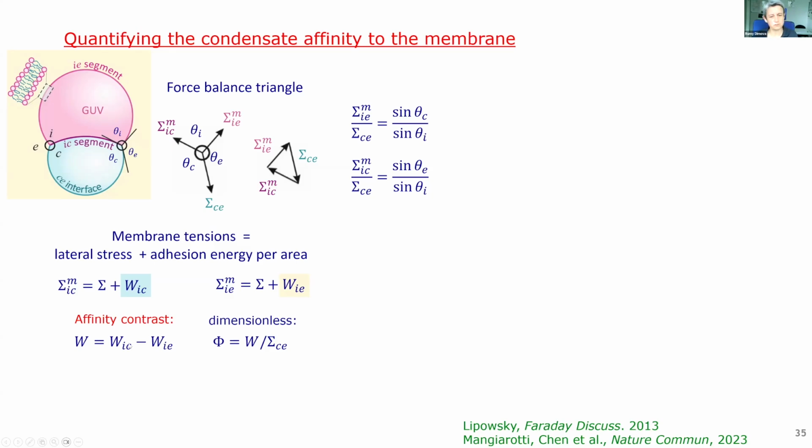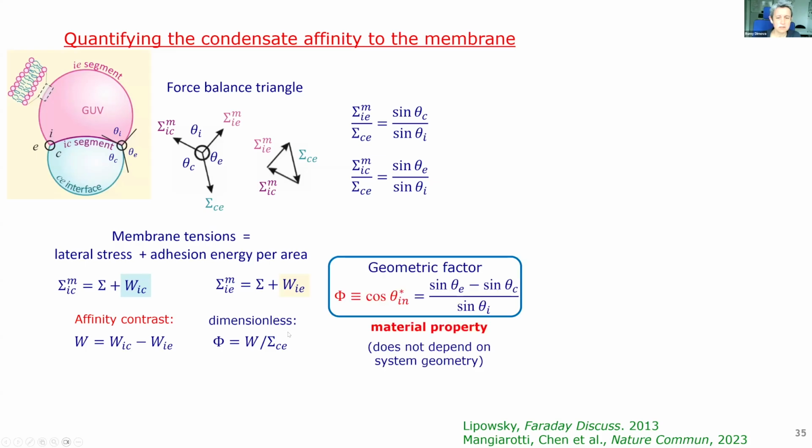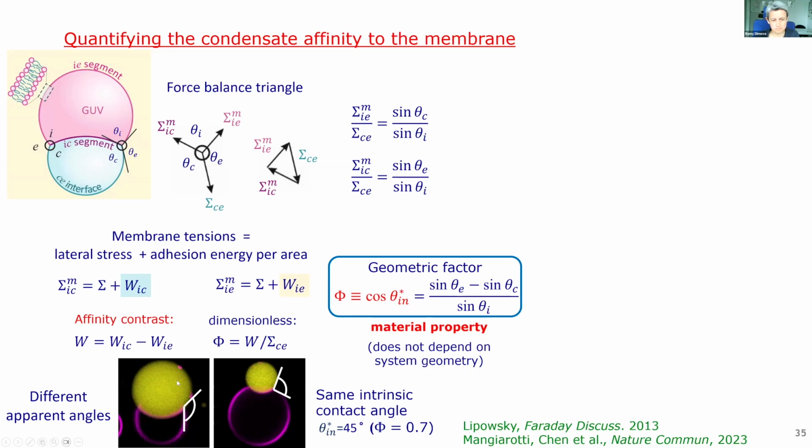The difference, you can make this affinity contrast dimensionless by rescaling it by the material property of the condensate, which is the interfacial tension. And then by including these force balance equations, you're going to find out that practically this material property, which is this dimensionless geometric factor, is the intrinsic contact angle, which depends directly on the microscopically measured contact angles.